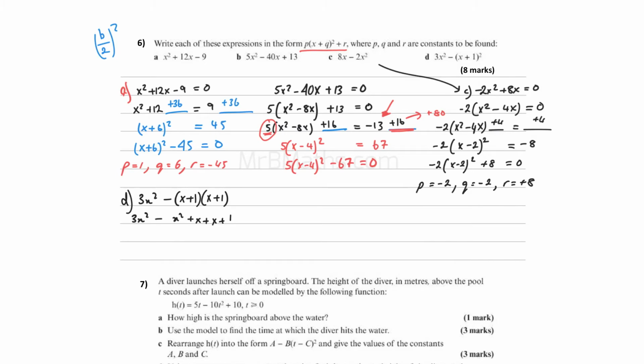If you remember here, we've got the minus, so therefore we will have 3x squared minus x squared, and this will be 2x inside, so it will be negative 2x, and it will be negative 1. So therefore finally we will have 2x squared minus 2x minus 1.